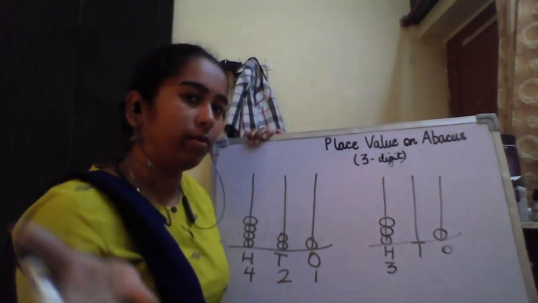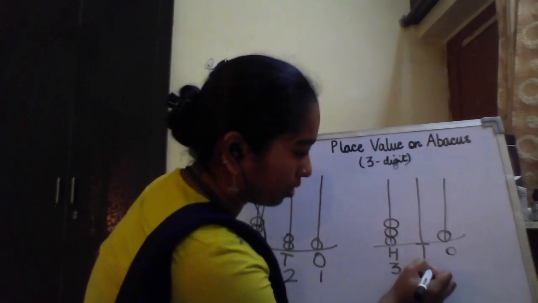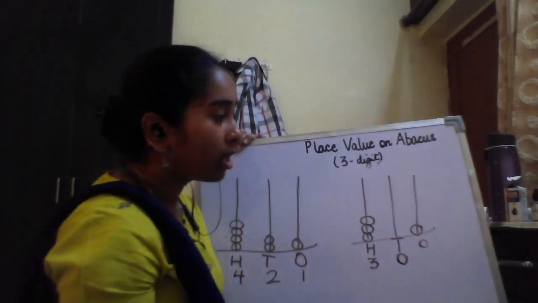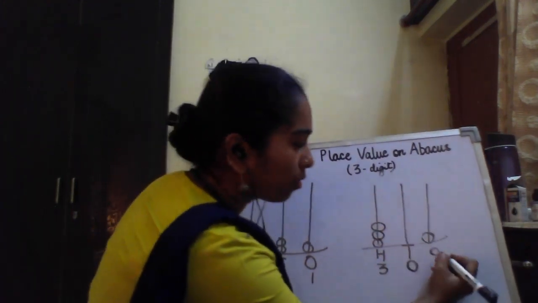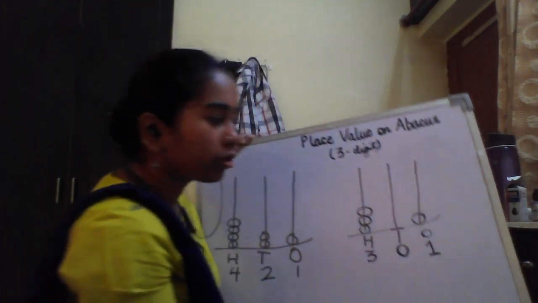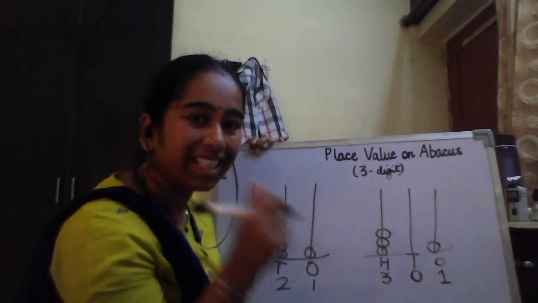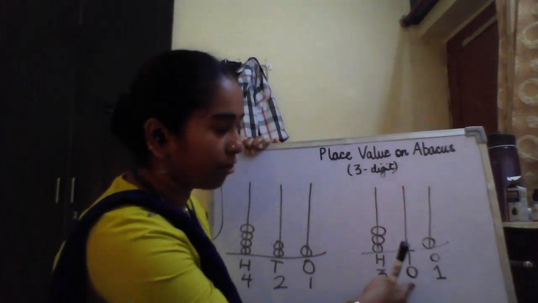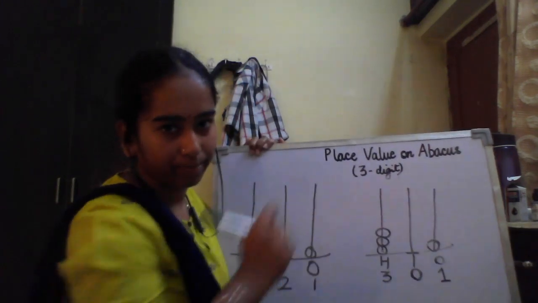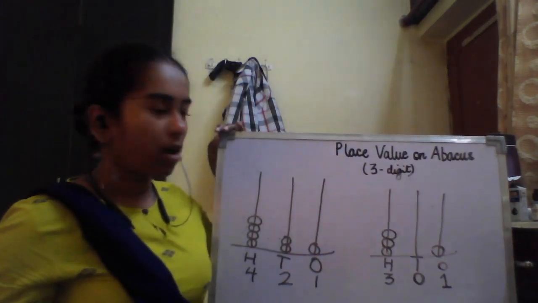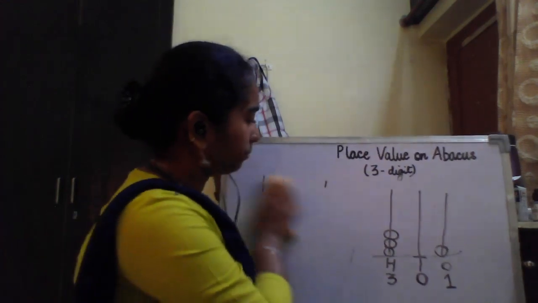There is nothing, so we will write 0. Now ones. How many beads do we have in the ones place? 1. So the number that comes out here is 301. Simple.